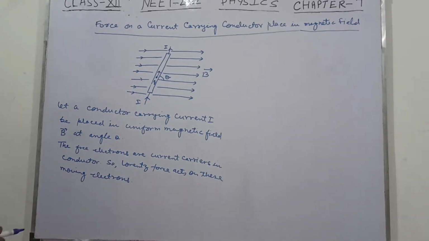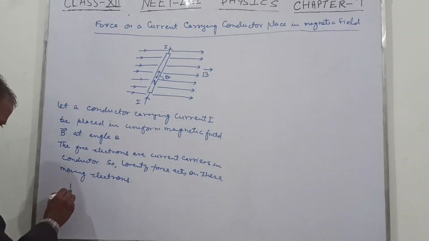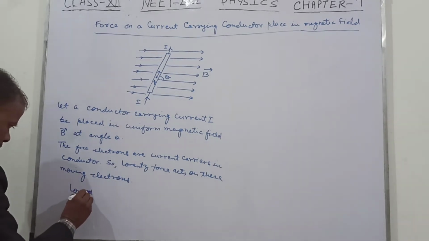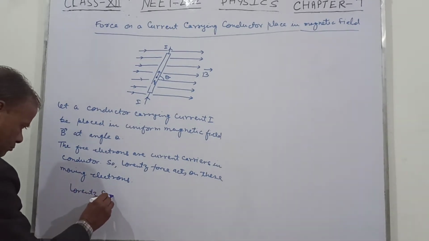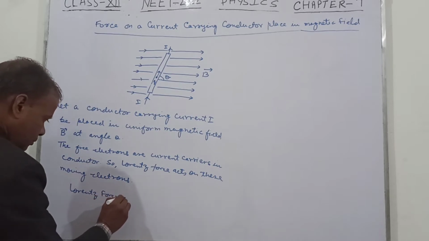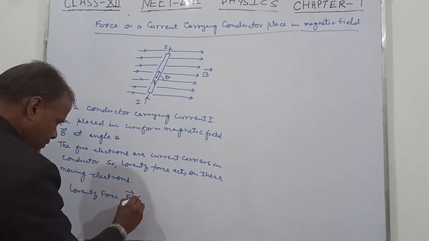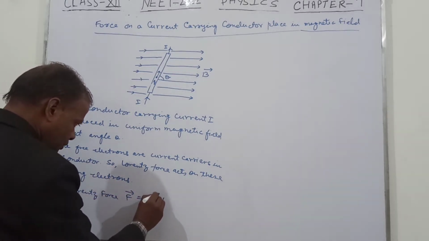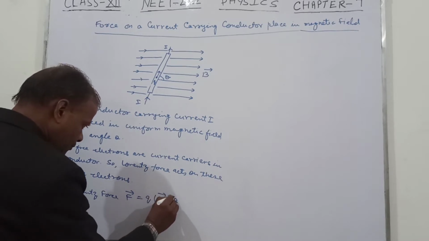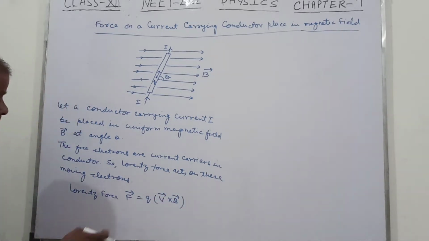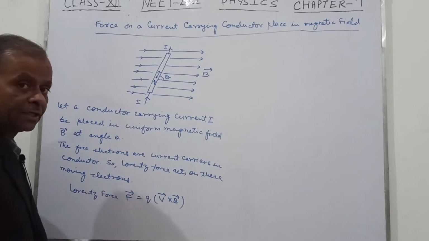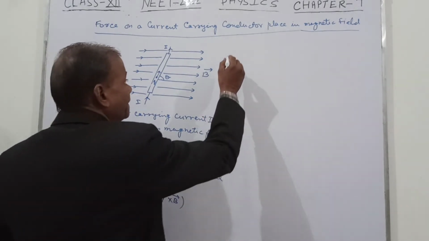So what we have? That is the Lorentz force. F is equal to Q, this is now your v cross B. Now this velocity v will be the drift velocity of the electron.